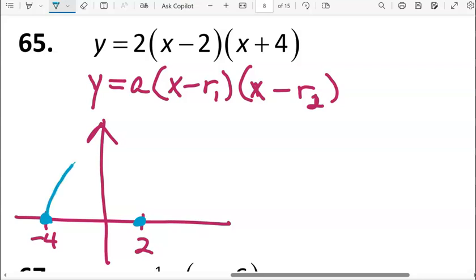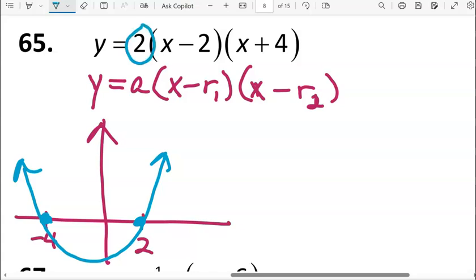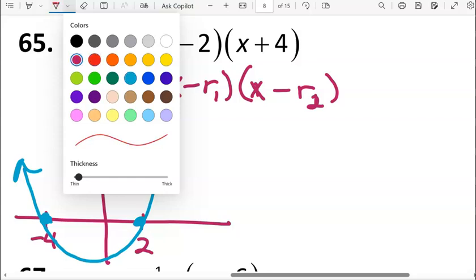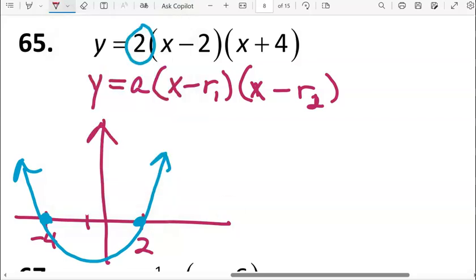And so that means that our parabola, I've drawn it the wrong direction, will be opening upward. And the reason it's opening upward is because a is a positive number, 2, and the vertex x value is halfway in between those two x-intercepts because a quadratic function is symmetric.